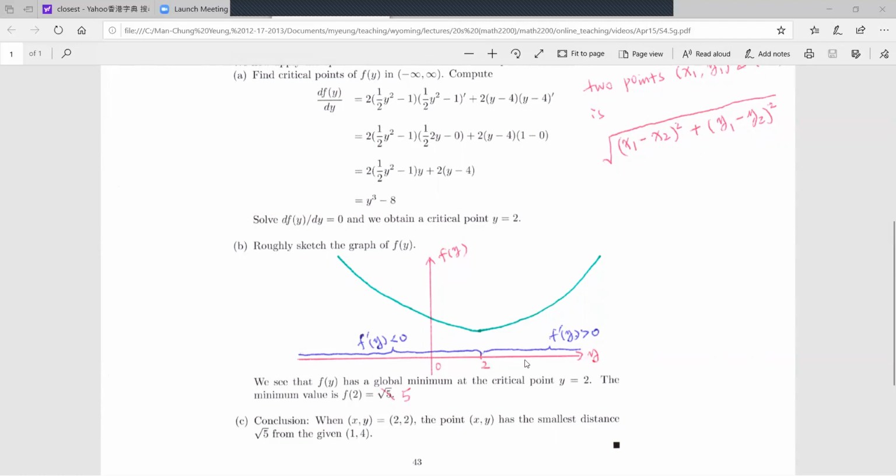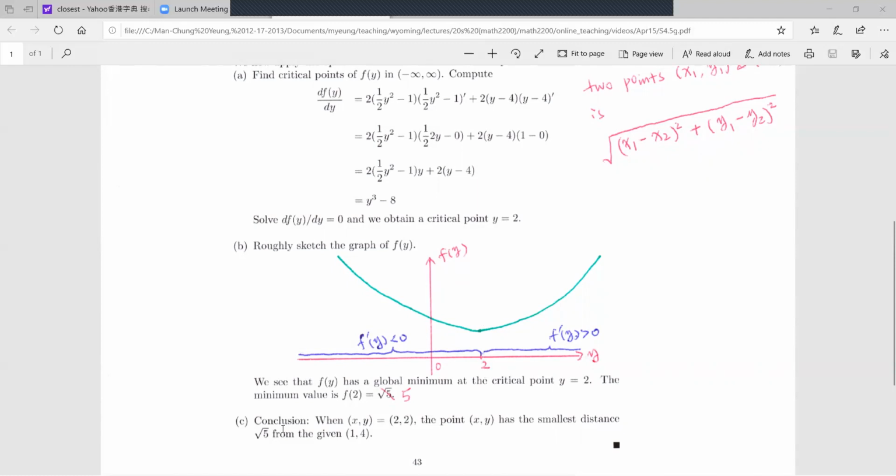And therefore, on this interval, the graph of f is increasing. This is a rough sketch of the graph of f. From this sketch, we can see that at the critical point 2, f has a global minimum.